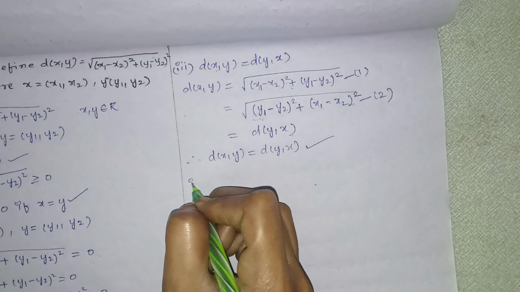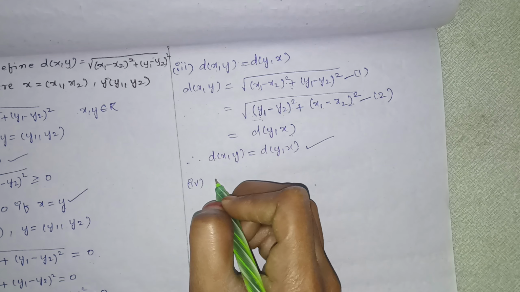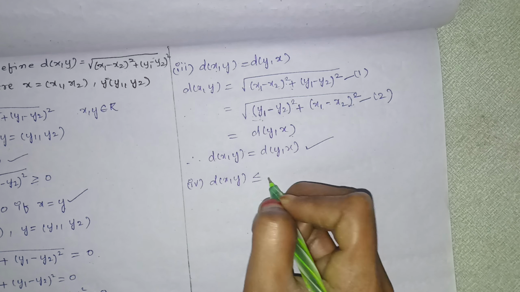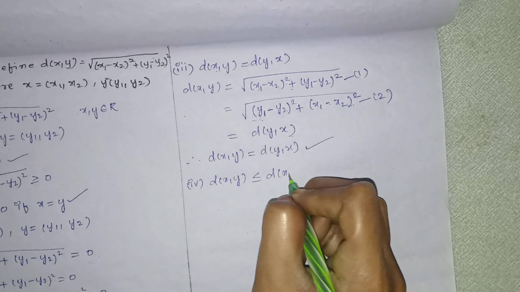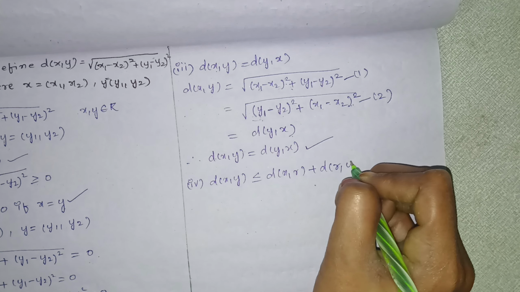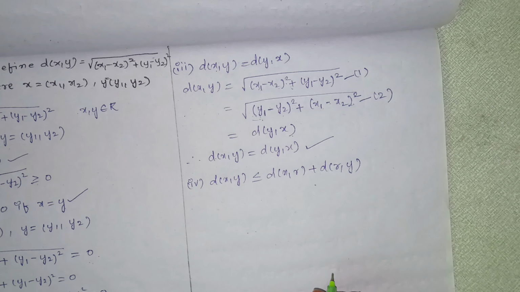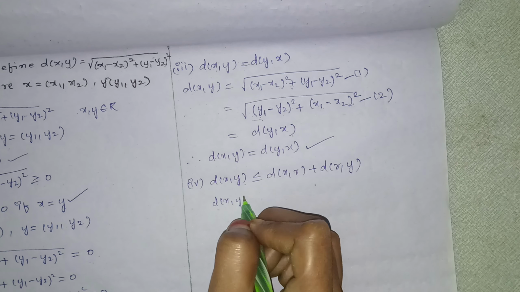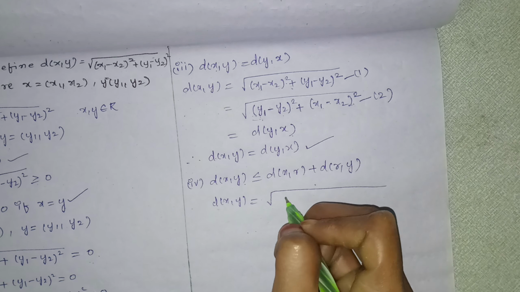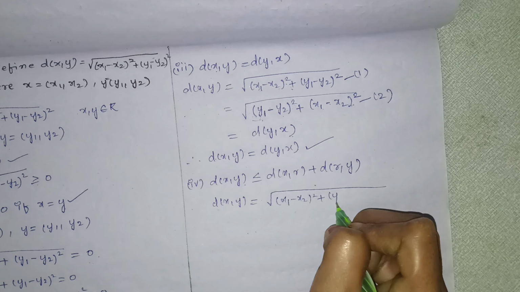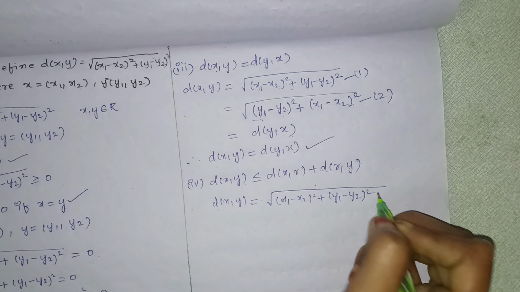Now the fourth condition, the triangular inequality property: d of x comma y is less than or equals to d of x comma r plus d of r comma y. Here we have d of x comma y equals (x1 minus x2) whole square plus (y1 minus y2) whole square.